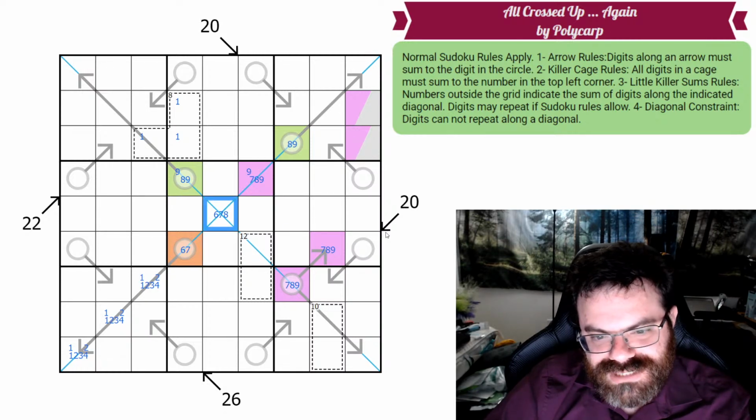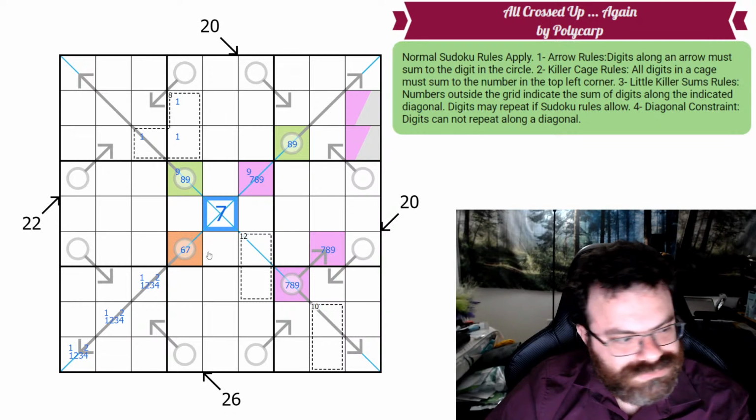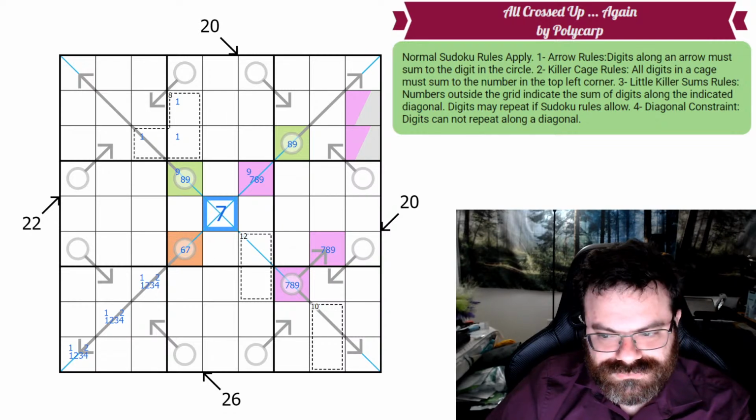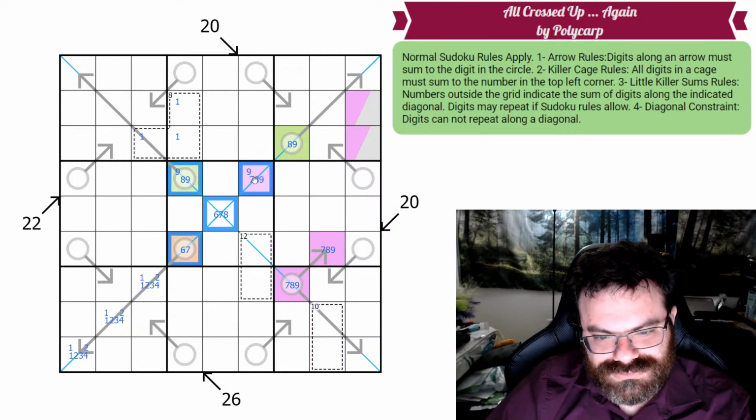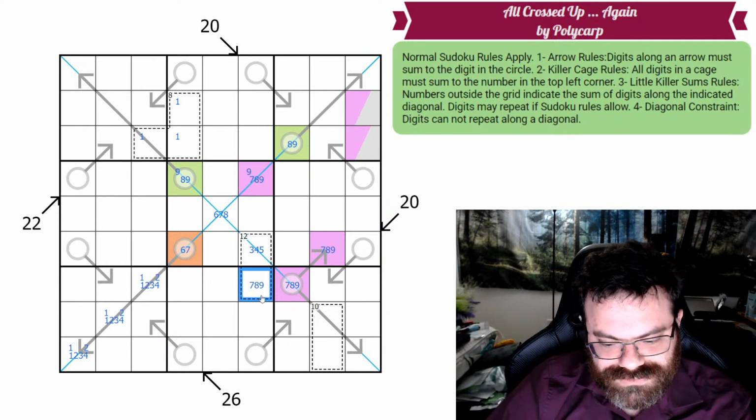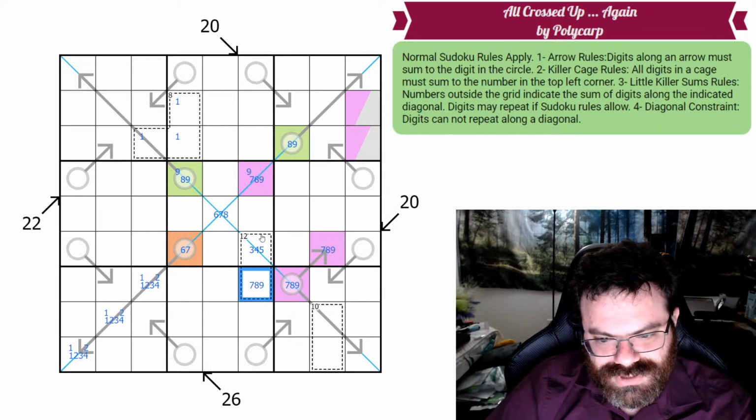If the center were 7, yes, we now have this quad. This is 3, 4, or 5. So that's 7, 8, what am I doing? Yeah, 7, 8, 9. Sees a purple.